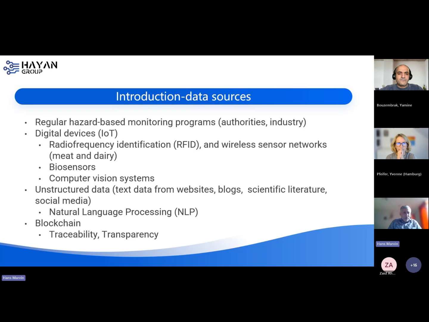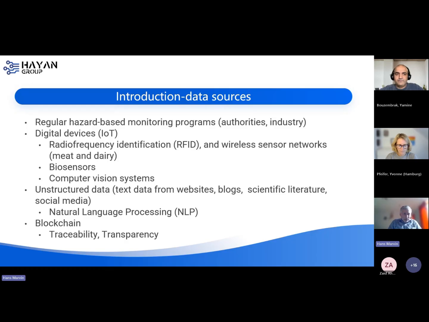But there are also developments and publications where different digital devices are implemented in the food supply chain, such as wireless sensor networks. For example, there are examples in the meat and the dairy sector where these kinds of sensors have been implemented in order to monitor or collect data related to quality, but also to food safety.